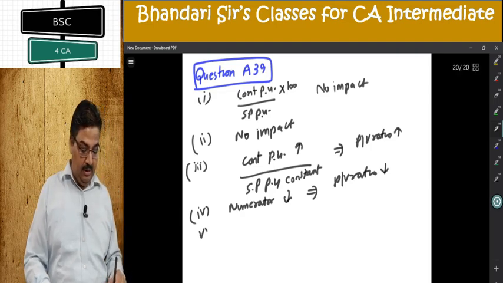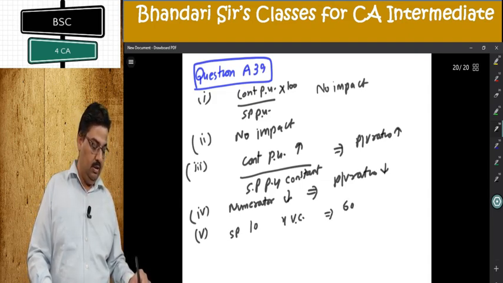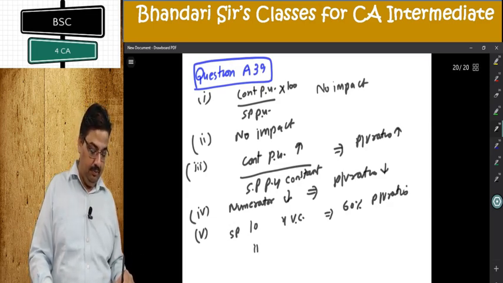Increase in selling price, you need to understand this. 10 was the selling price, 4 was the variable cost, 60% was the PV ratio. Selling price increases to 11. This remains 4.